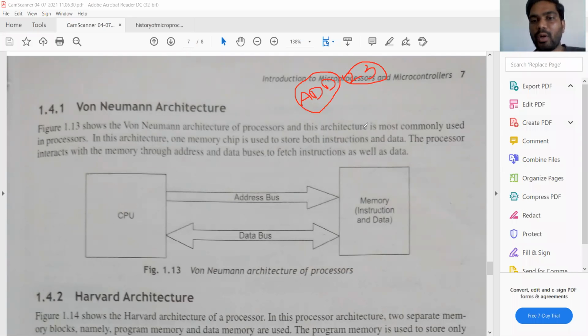Now what is this memory here? This is the memory which will be storing these instructions and the data. The memory is a slot or a space which will store these instructions and data.